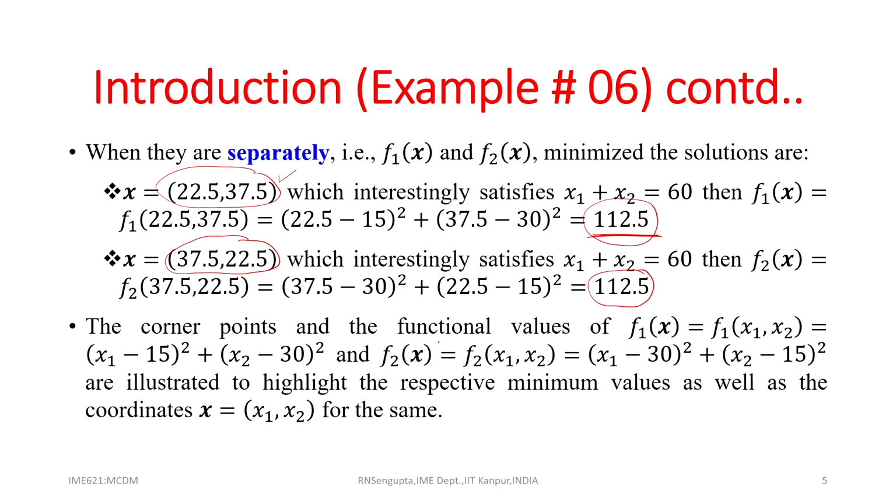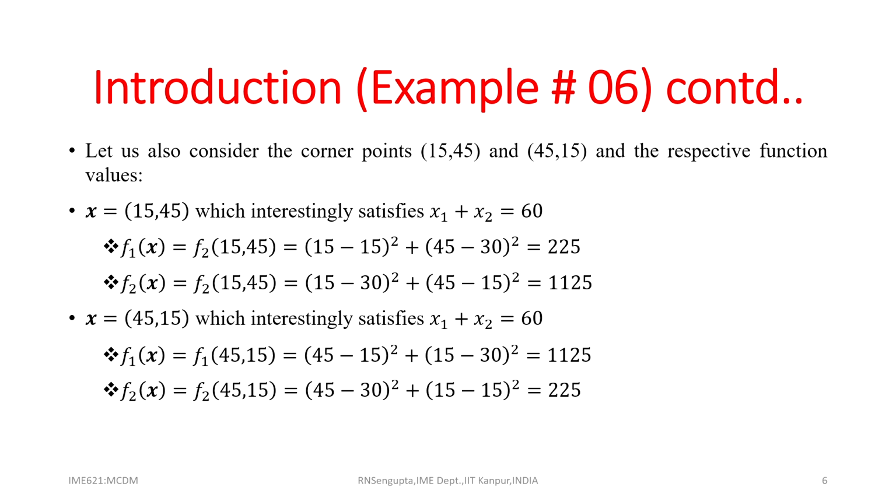The corner points and the functional values are illustrated in the diagram, highlighting the minimum values and the coordinates of x1 and x2 at which we separately get the minimum point for f1 and the minimum point for f2.